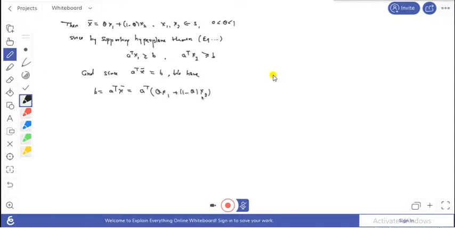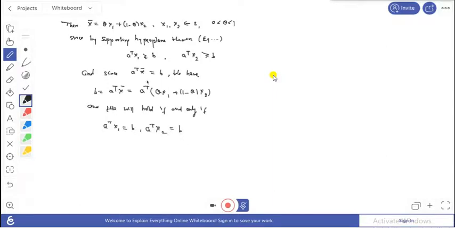This condition holds if we try to solve this equation, and it will hold if and only if A transpose x1 equals B, and A transpose x2 also equals B.